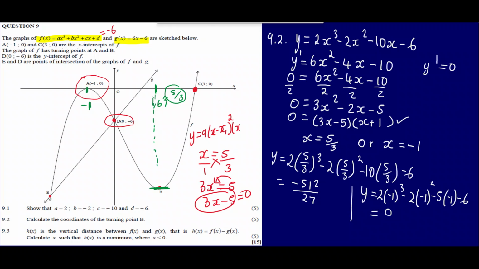It was there, but the question was looking for the B coordinate, specifically. And you'll see that the B coordinate corresponds to 1.67, and you can also change the y value to a decimal, and I think you'll get 18.96 if you change it, right?